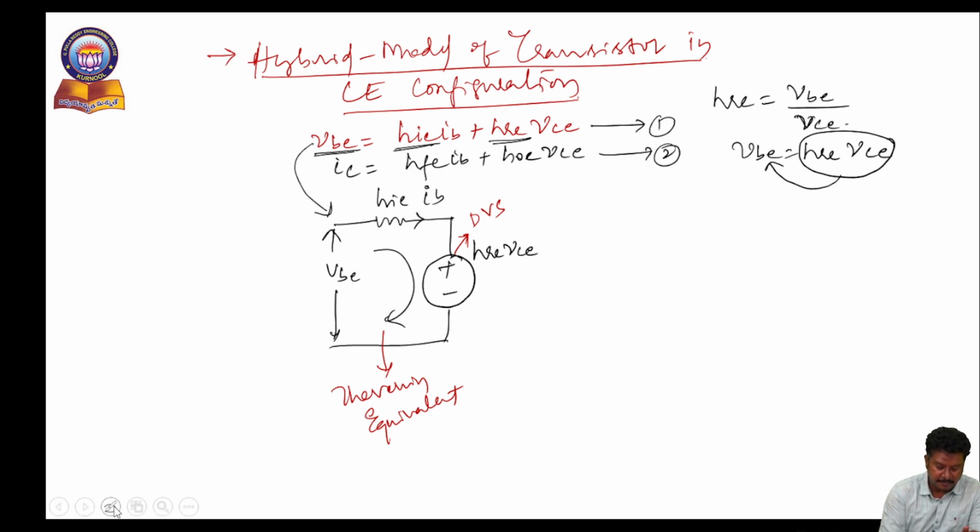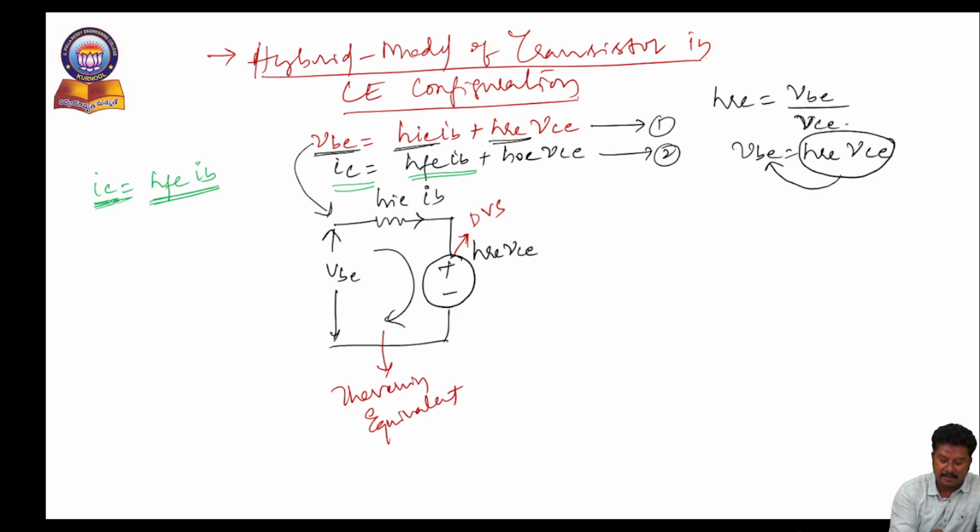And similarly, from equation 2, we have to consider that IC is distributed in the form of a current gain. For example, IC is equal to HFE into IB, nothing but the collector current is represented with respect to HFE and IB.